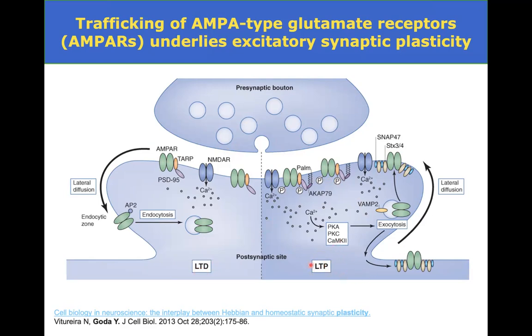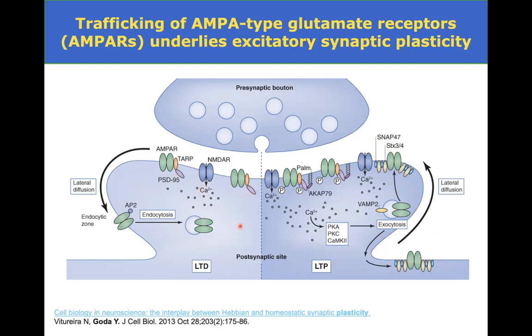And the idea is that under certain forms of activity that the synapse interprets as being strengthening or to lead to strengthening, they will automatically, very quickly incorporate more AMPA receptors into their synapse.